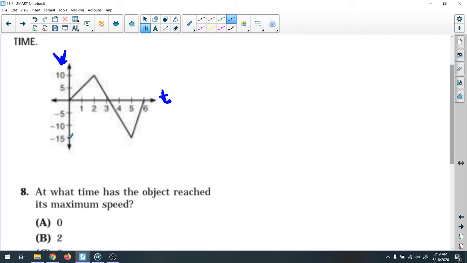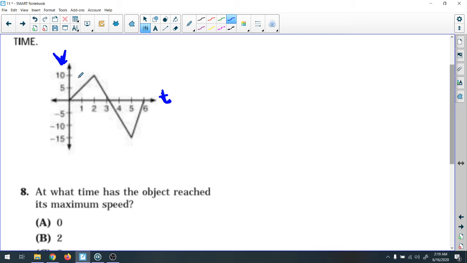Some of you said, no, this is negative 15 and this is 10, so this is the highest one. No, please, watch. We are talking about velocity in direction, so we don't care about direction for speed. 15 means 15. Speed 15. But velocity will be different because it has direction.